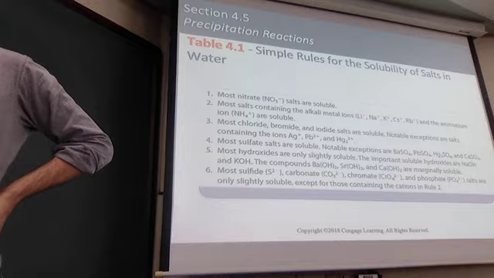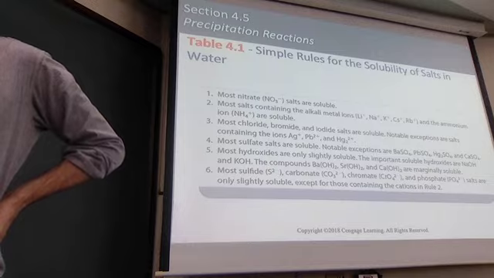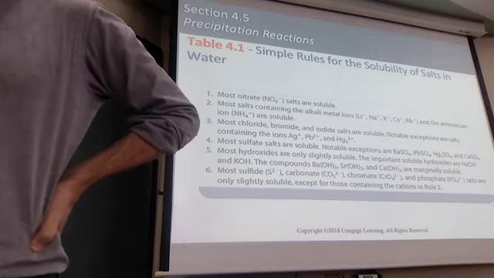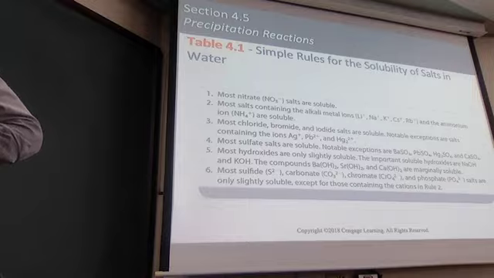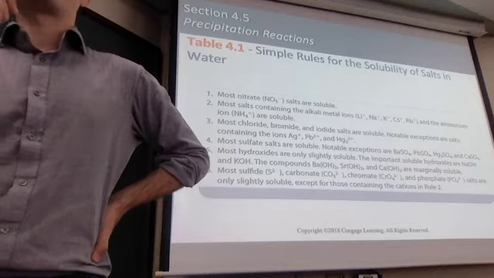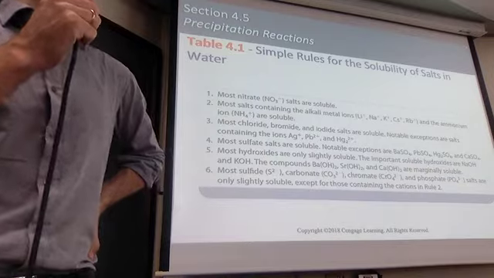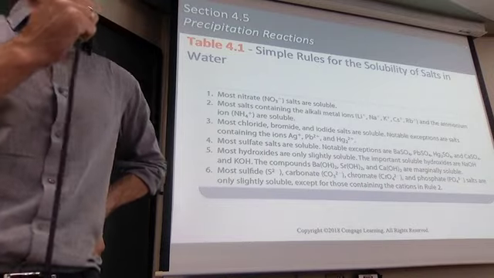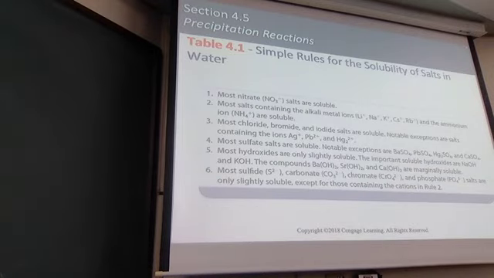And as I told you before, it's not really simple. If we want to understand the physics of that, there are many factors that play in. But luckily, there are a couple of simple rules that we can use to get some kind of rough estimate if something is soluble or not.